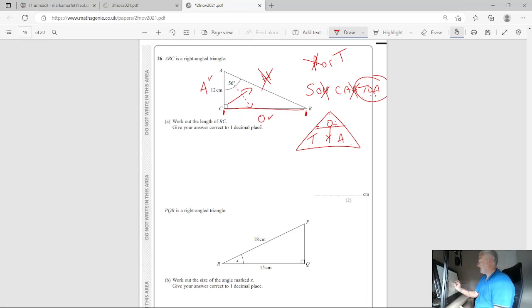I want to find a side, so it's just tan. So tan of the angle, which is tan of 56, equals opposite, which I don't know, divided by adjacent. That's the one I want to find.